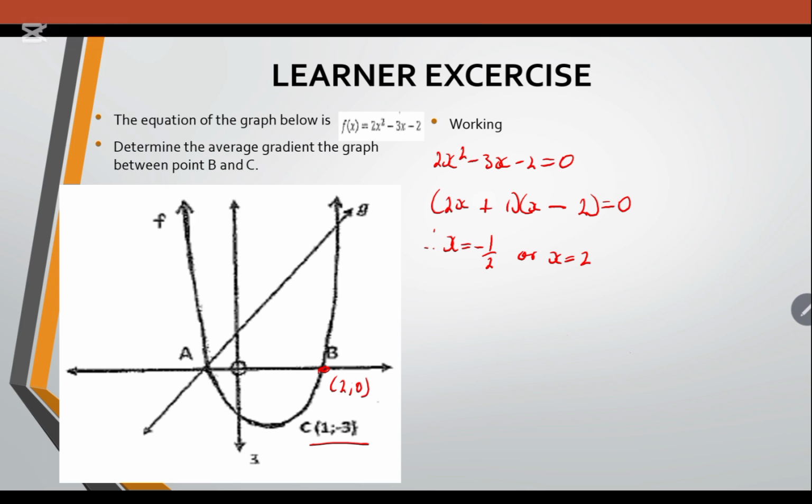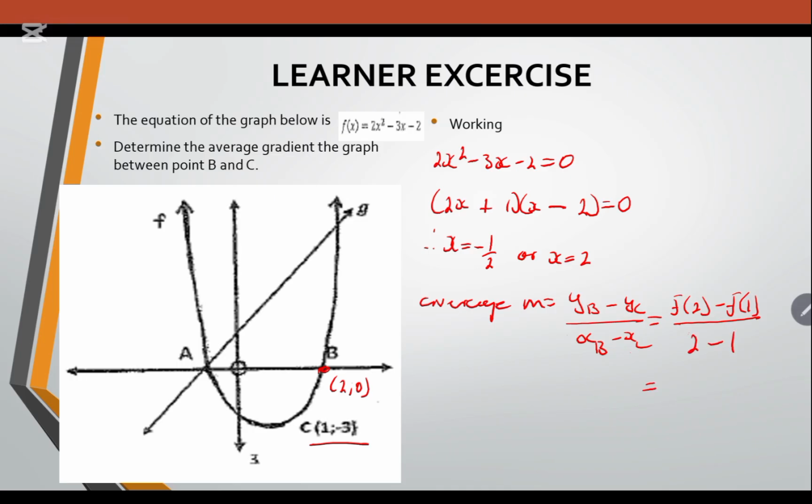So we can simply write that the average gradient is equal to y of B minus y of C divided by x of B minus x of C. Or you can write this as f of 2 minus f of 1 divided by the value of x there, which is 2 and this is 1, so divided by 2 minus 1.